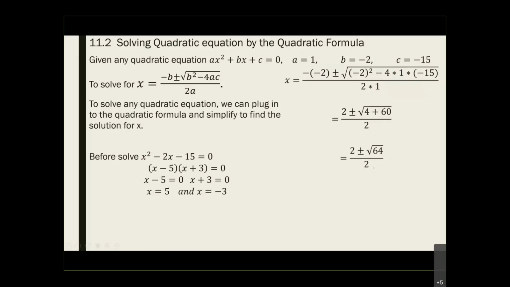The square root of 64 is equal to 8, so I have 2 plus or minus 8 divided by 2.